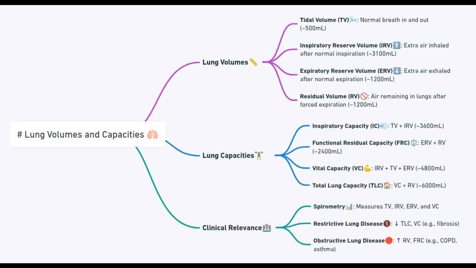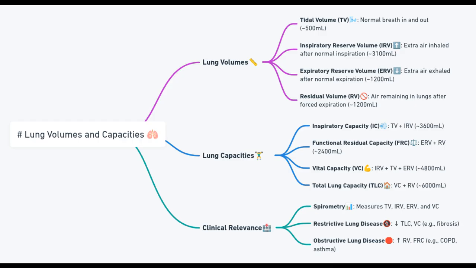The closing capacity increases with age and may contribute to a decrease in the partial pressure of oxygen with age. And the closing capacity actually doesn't change significantly with posture.